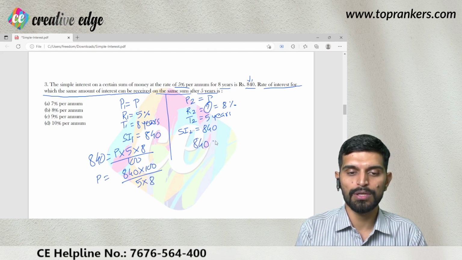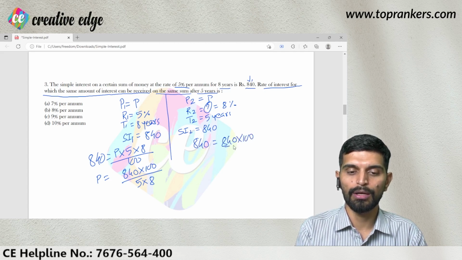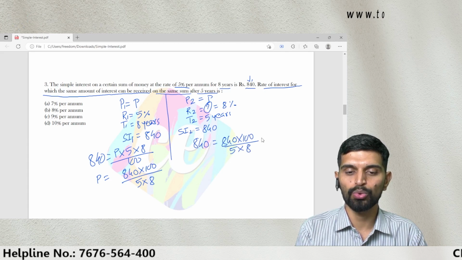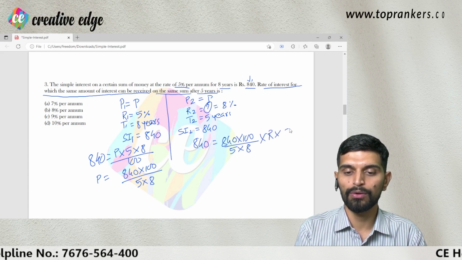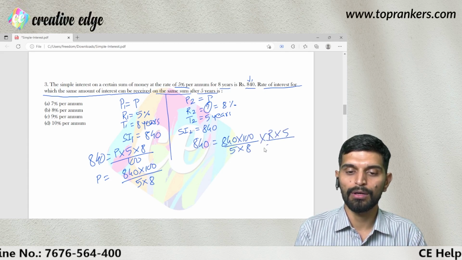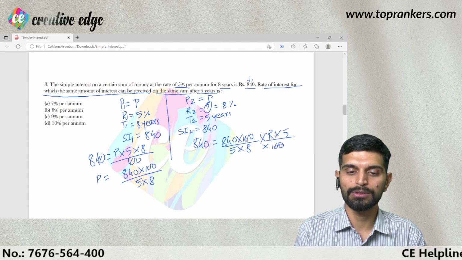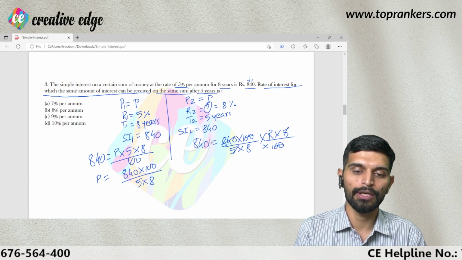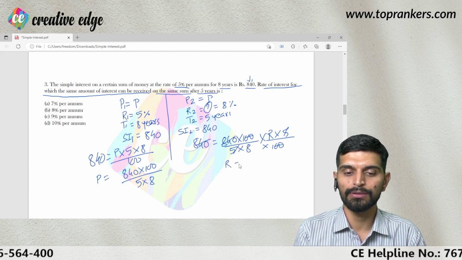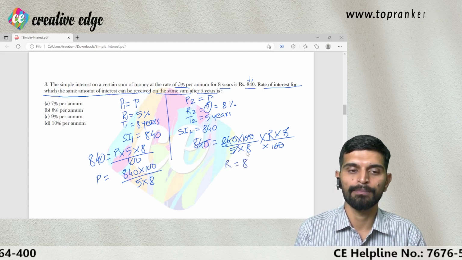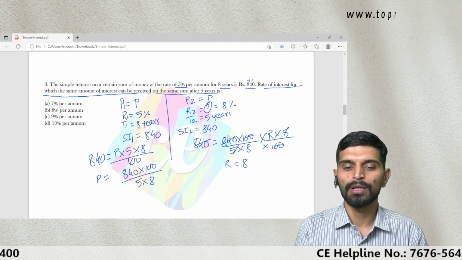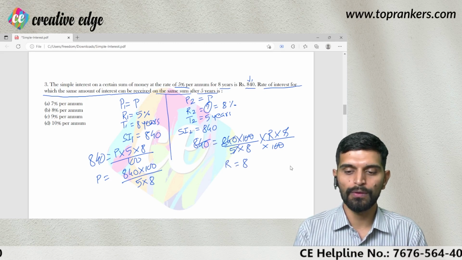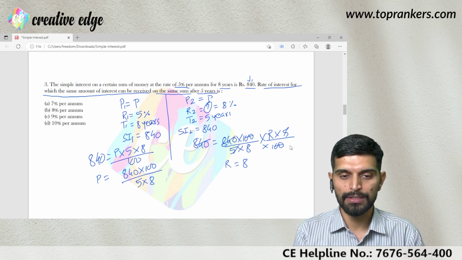This 840 is equal to 840 into 100 upon 5 into 8 into R into 5 upon 100. So this 100 and 100 get cancelled, this 5 and 5 get cancelled, that 840 and 840 get cancelled. We'll have R is equal to 8.